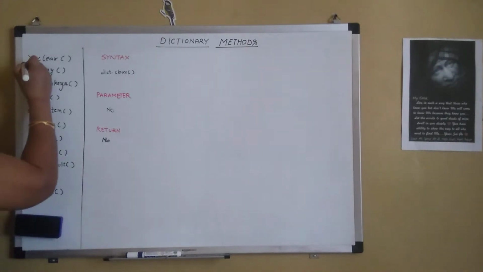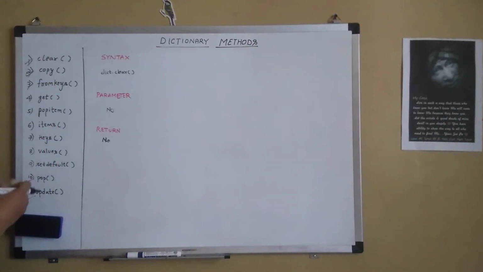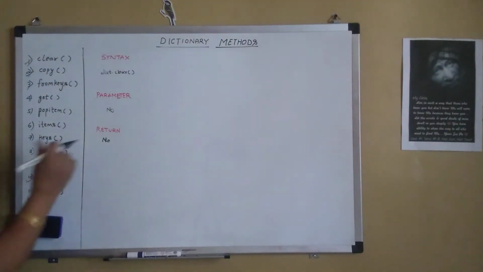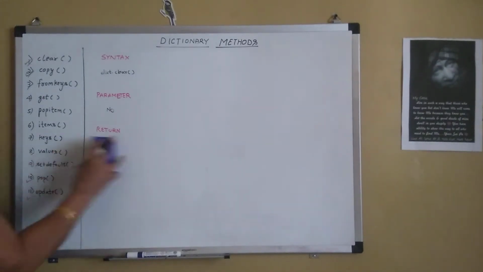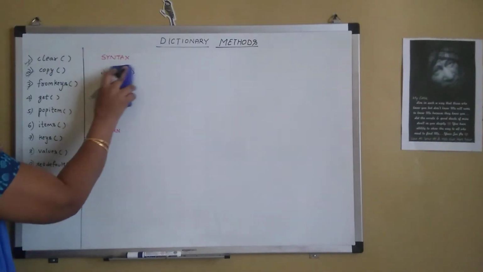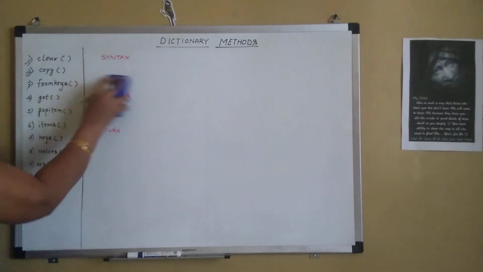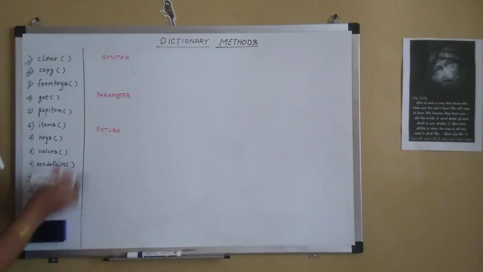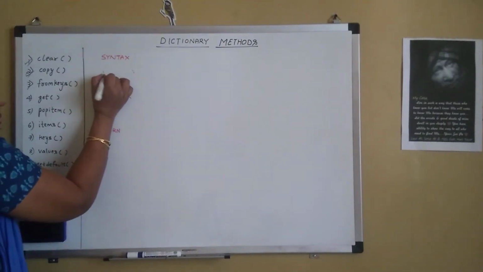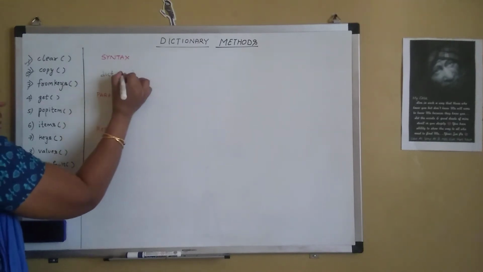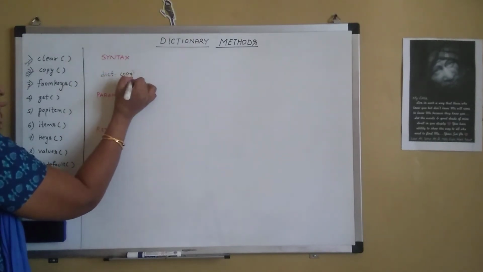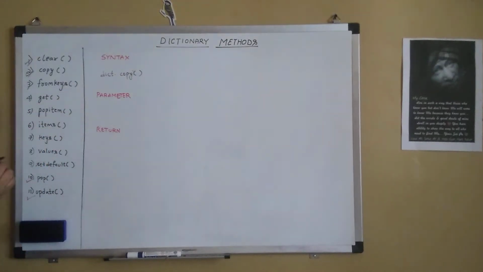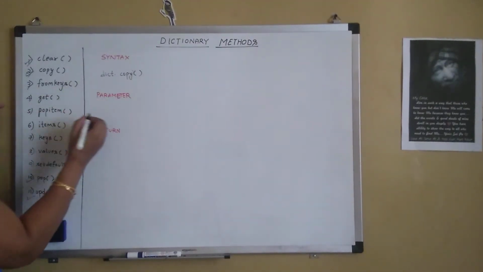Now let's move to the second one, which is copy. For copy, the syntax is dict.copy(), that is the dictionary name and copy. What are the parameters which we pass?